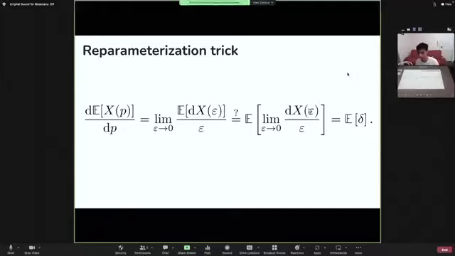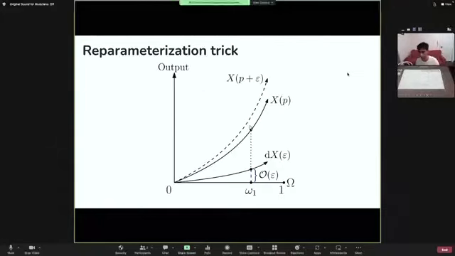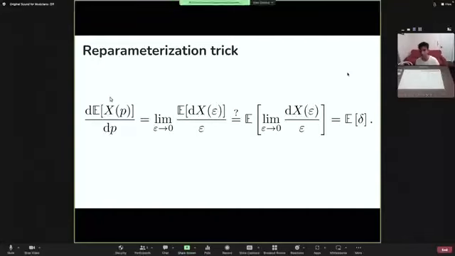That's represented by this thing here, the limit as epsilon goes to 0 of dx of epsilon over epsilon, and I'm calling this delta. It turns out, maybe it's pretty clear intuitively, that if you're sampling the derivatives at every fixed omega, what you're going to get on average is the derivative of the average of the whole program.